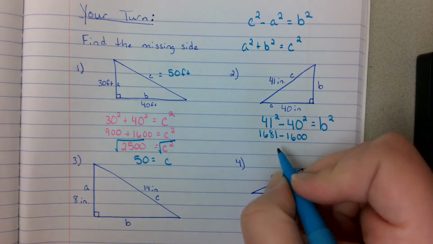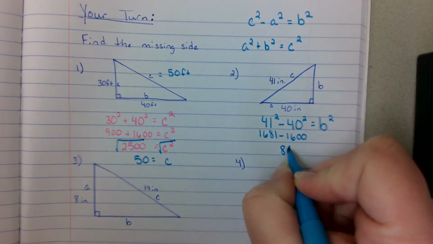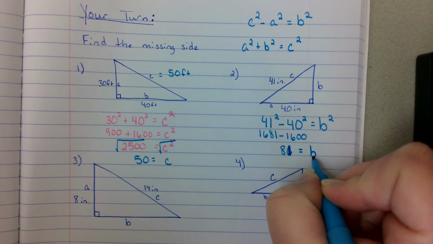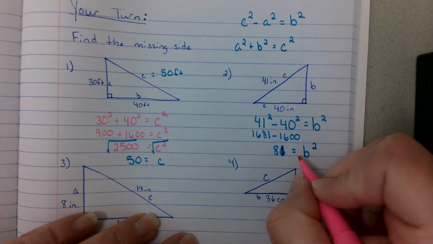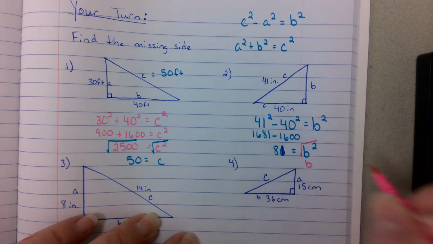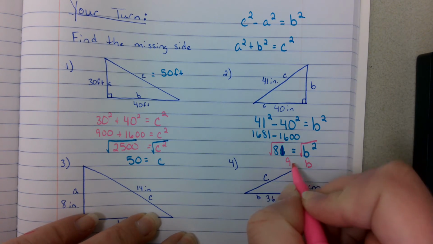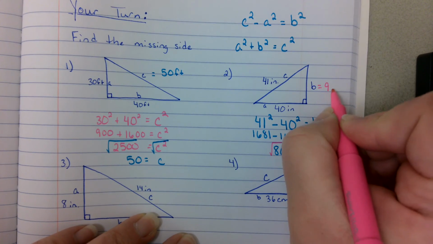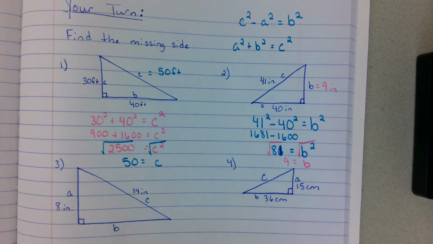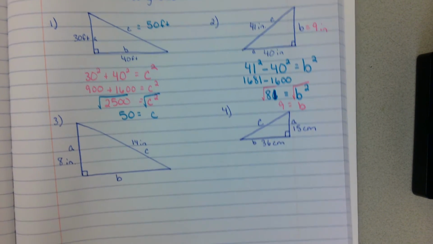When I subtract, I have 81 is equal to b squared. Again, I need to take the square root of b squared to get b, and the square root of 81 is 9. So the length of b is 9 inches. And obviously that would not be drawn to scale, would it?